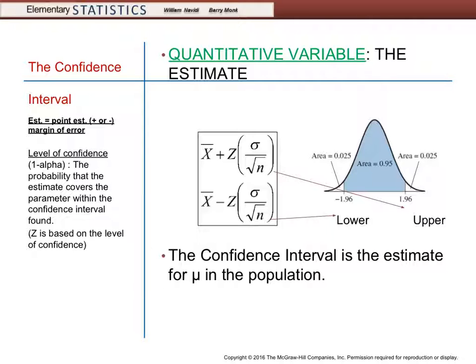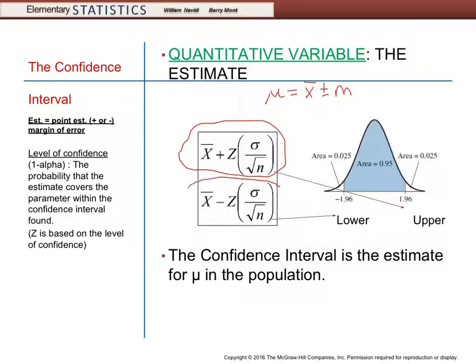So from our last picture, we had the idea that mu is equal to x bar plus or minus m. We just rearranged the terms from the last slide. Well, what does that actually mean? It means we have an upper bound. X bar plus z times the standard error, which is our margin of error, is our upper bound.